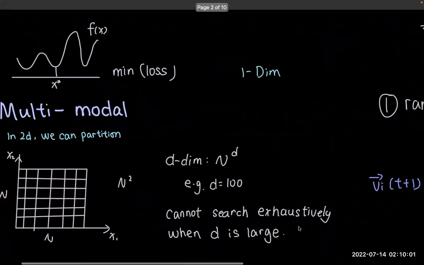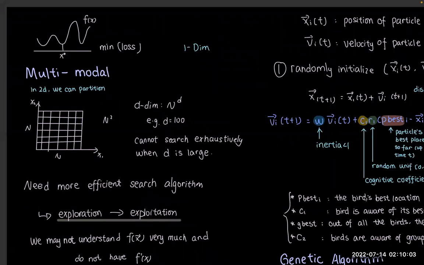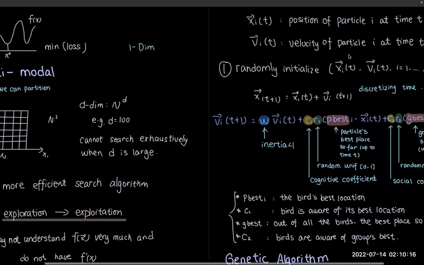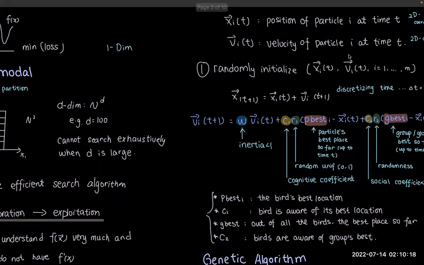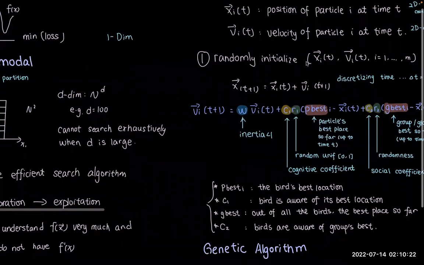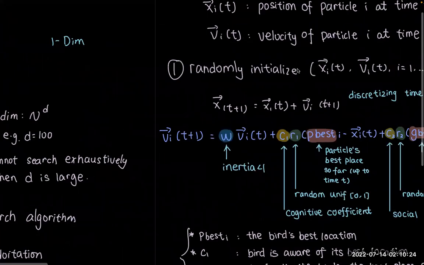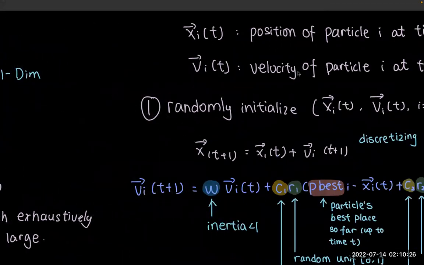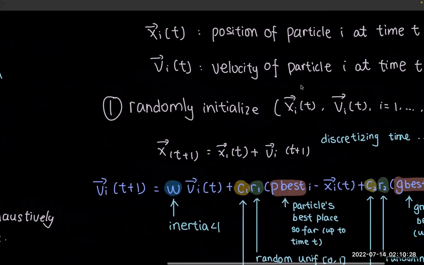The first quantity is the position of the particle, the coordinate at time t. So let x_i(t) be the position of the ith particle at time t. For example, in the situation of a bird, x is two-dimensional. So we look at the position of the ith bird at time t.